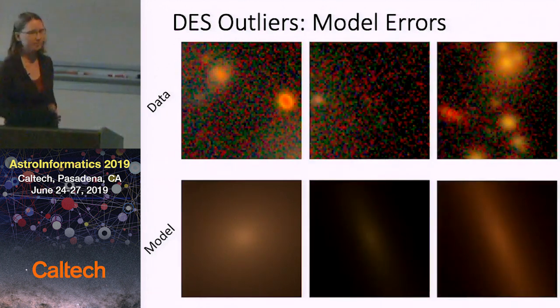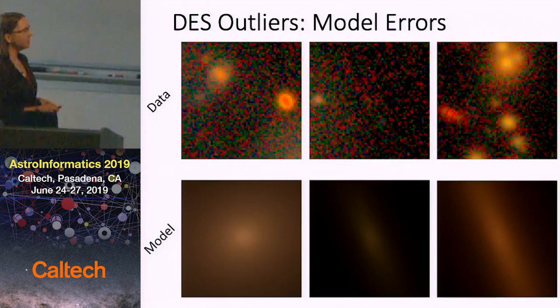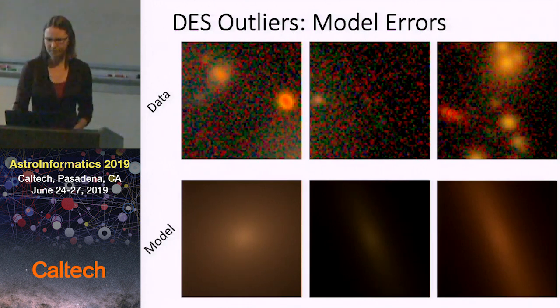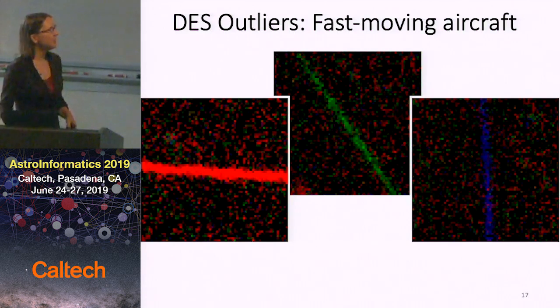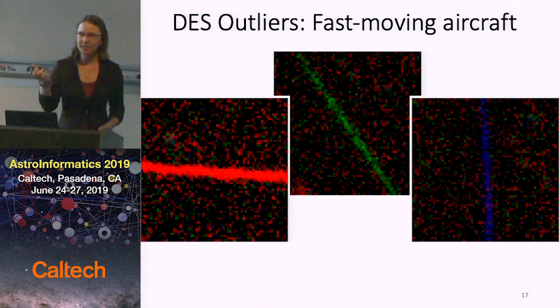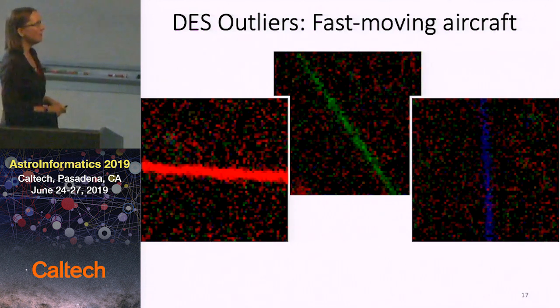And we have a couple like this. In this case, it definitely looks like light is being blended between other sources and affecting the one that's supposed to be represented by this model. In other cases, we see, remember, each exposure is 90 seconds, so that's a long time to be staring at the sky if you have anything nearby and bright that flies past. So these are almost certainly not red, green, or blue things.